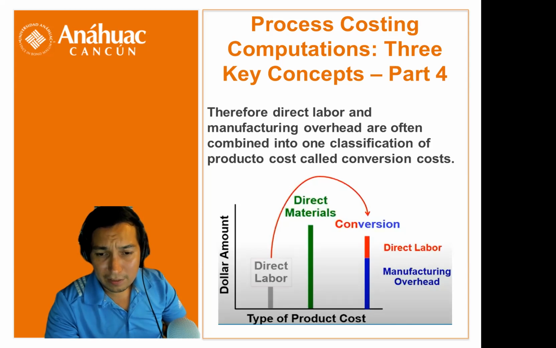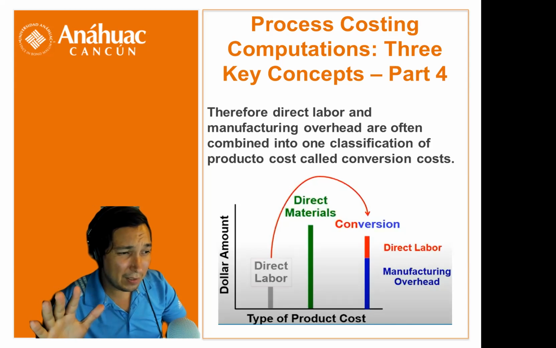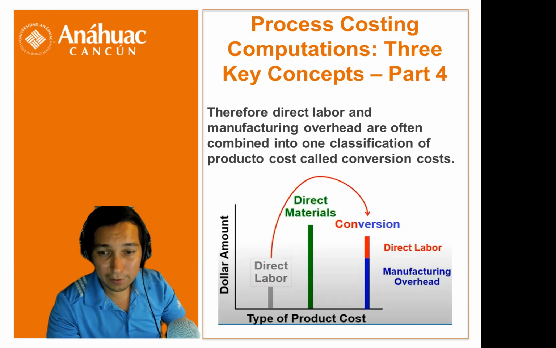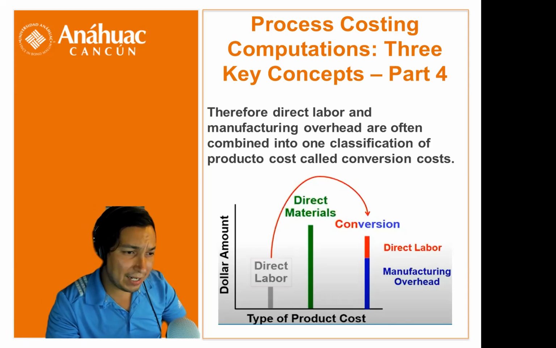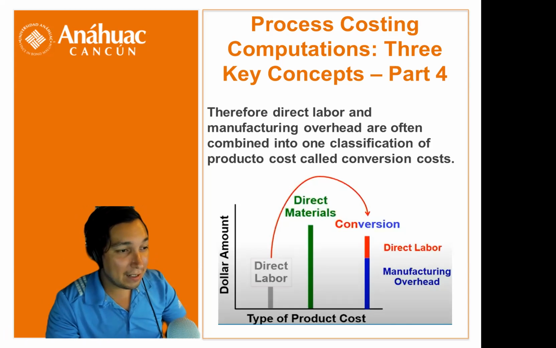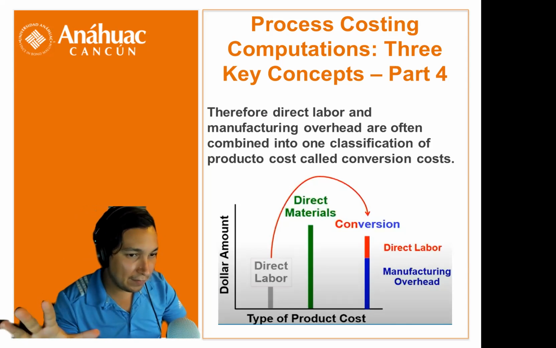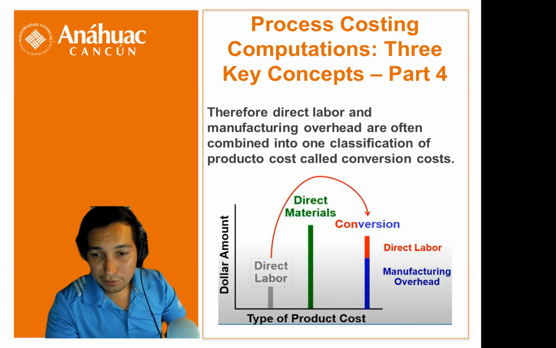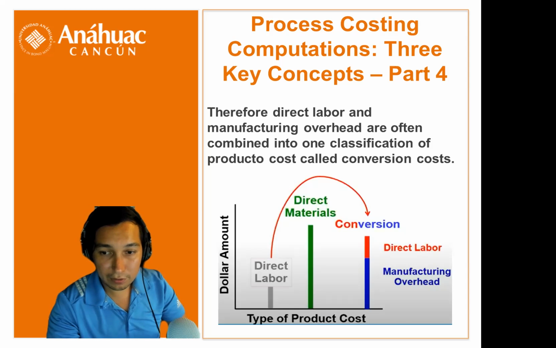So instead of mixing it up like in job order costing, where it represents a good weight of the job order, we will pass that direct labor and make it a conversion cost. It's just a conceptual thing, but in the end, it's just moving direct labor to MOH, and that's it. And we call it conversion cost. Therefore, direct labor and MOH are often combined into one classification of product cost called conversion cost.